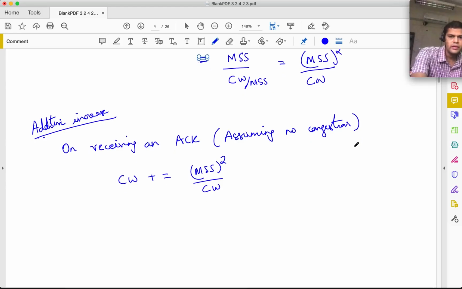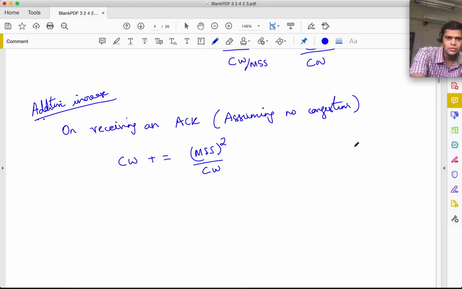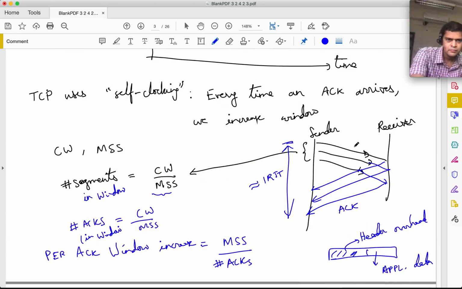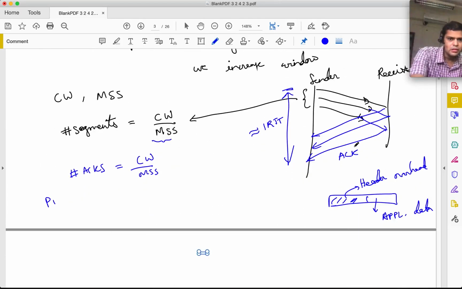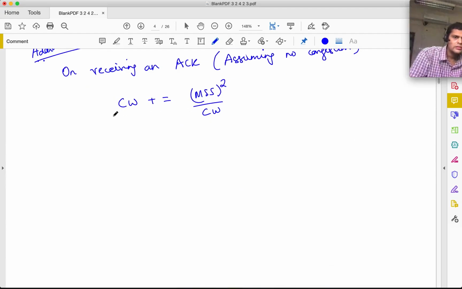Okay, so we think there is no congestion, so we are slowly increasing the window. So a second principle is that if there is congestion, we drastically decrease the window size, just to be more aggressive.